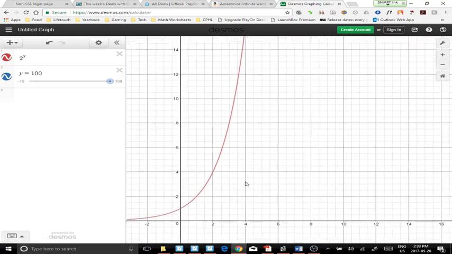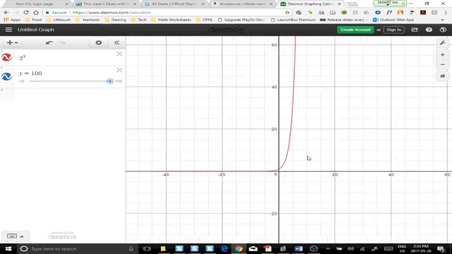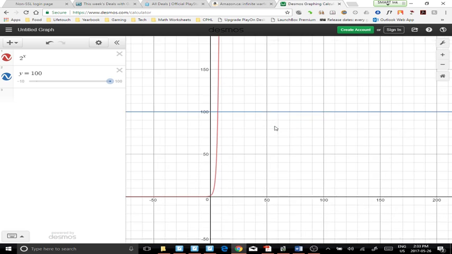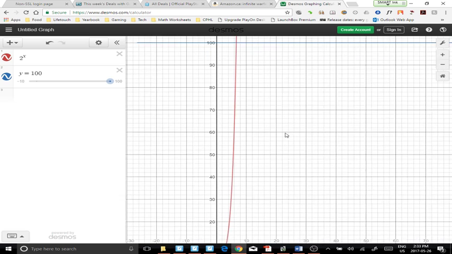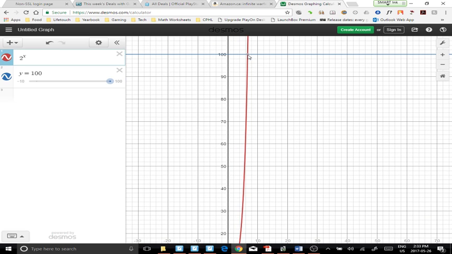And I can see there's a point of intersection there. I can click on it and see the value of 6.644 to 3 decimal places. That's the answer. So while I said that some things are time consuming, Desmos is not time consuming at all. It can tell us the answer quickly.